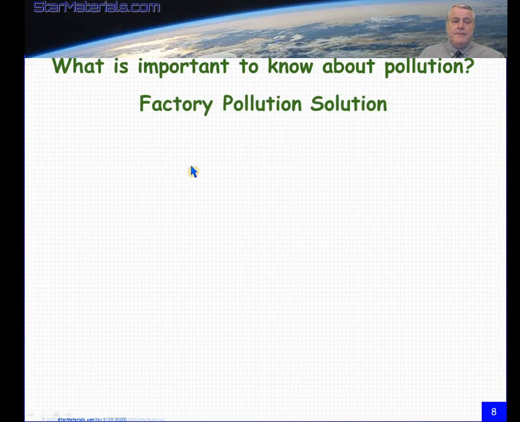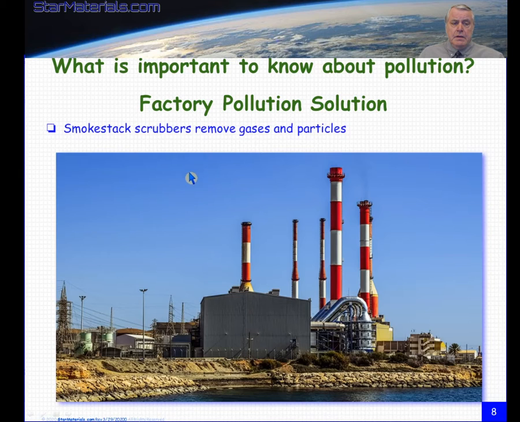Now, factory pollution. When you make things, sometimes you have to heat them up, sometimes you have to react them with other chemicals, and the byproducts go out the smokestacks here. Well, smokestack scrubbers, they remove gases and particles. In other words, when you burn something, the smoke contains particles.